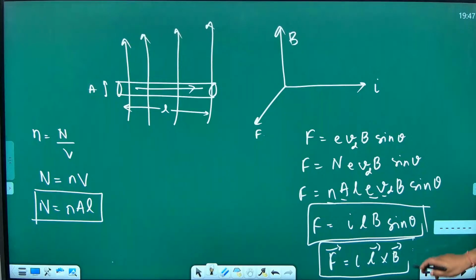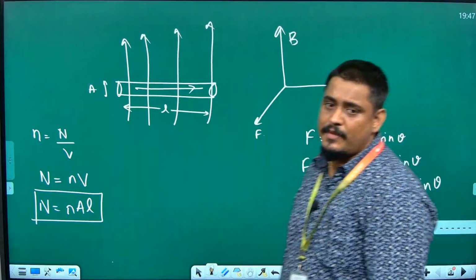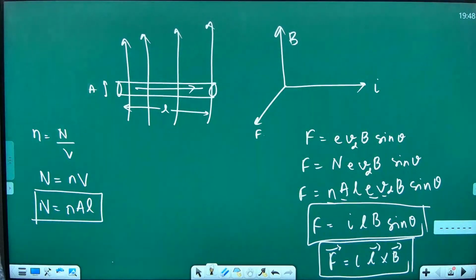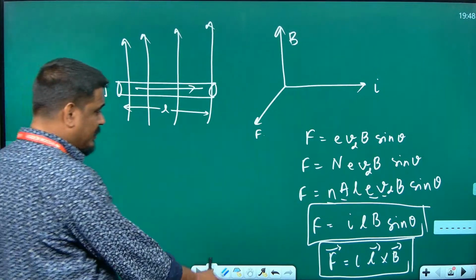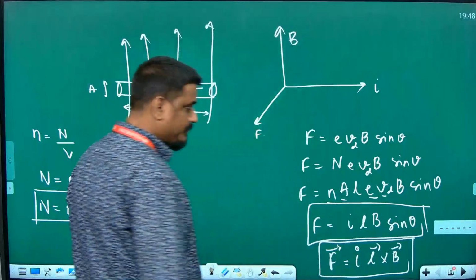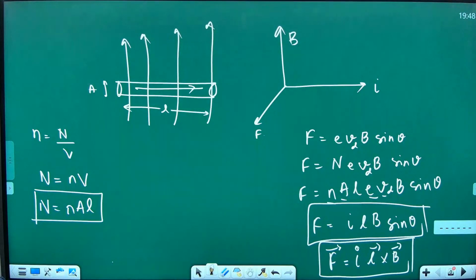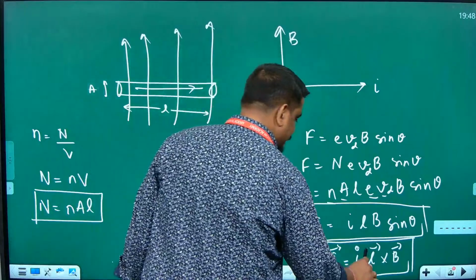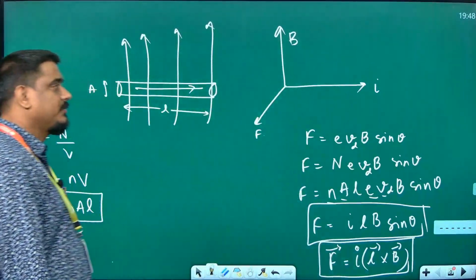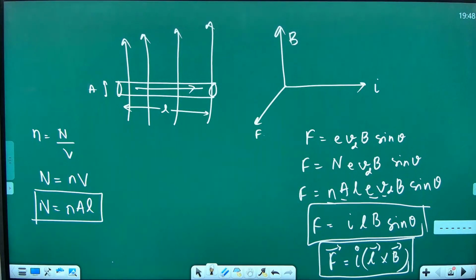Length is generally not considered a vector quantity, but here we take it as one. Remember this: I L cross B. Clear to you? If yes, copy it fast.